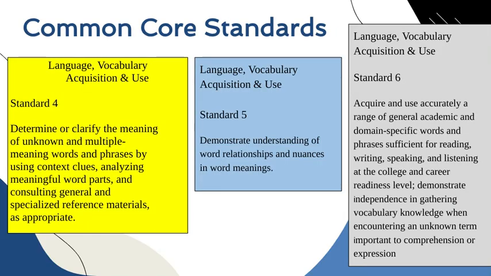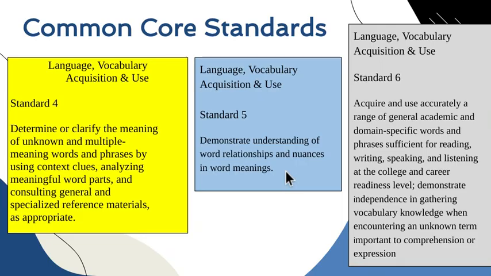These are the common core standards that this strategy touches on. So, determine or clarify the meaning of unknown and multiple meaning words and phrases by using context clues, analyzing meaningful word parts, and consulting general and specialized reference materials as appropriate.